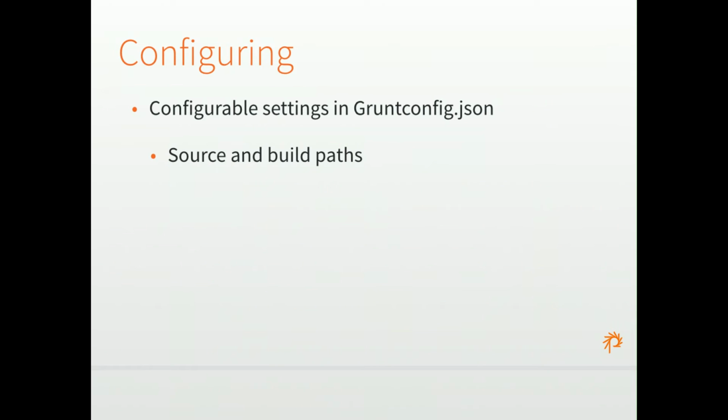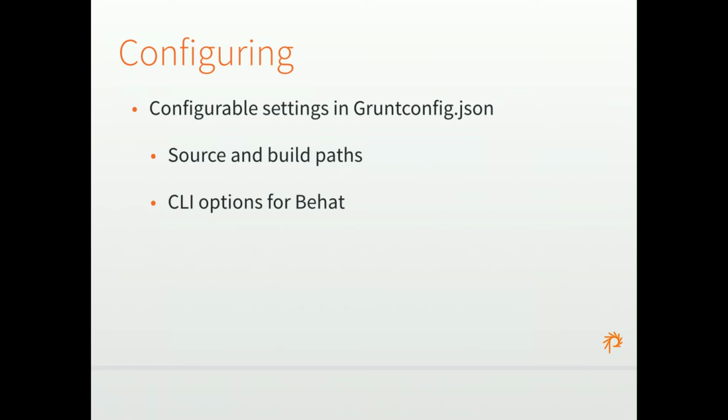So, talking about configuration, there are certain settings that we've exposed as being configurable in the grunt-config.json file. This is stuff like the actual paths that your source files are in and your build output. We allow some configuration there in case you don't like our assumptions.